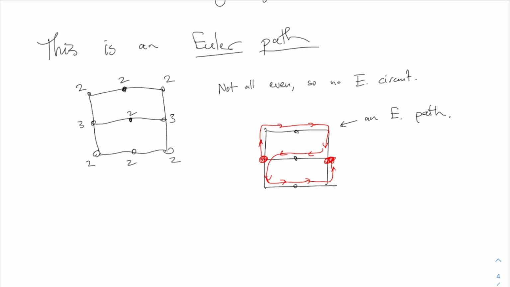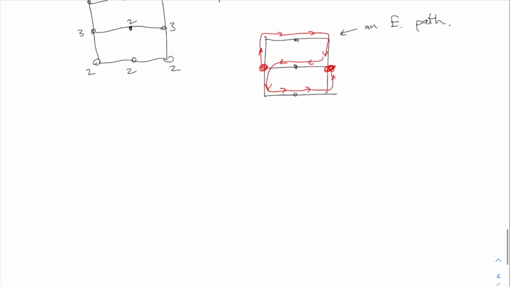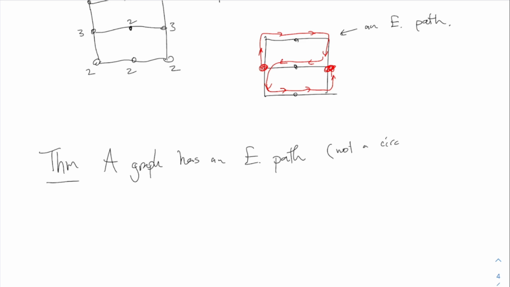So this I'm going to write as another theorem about Euler paths this time. A graph has an Euler path, not a circuit, if and only if... This again is easy to check.